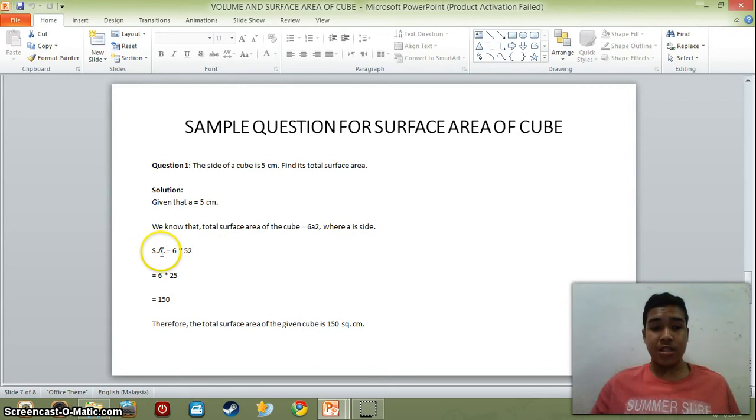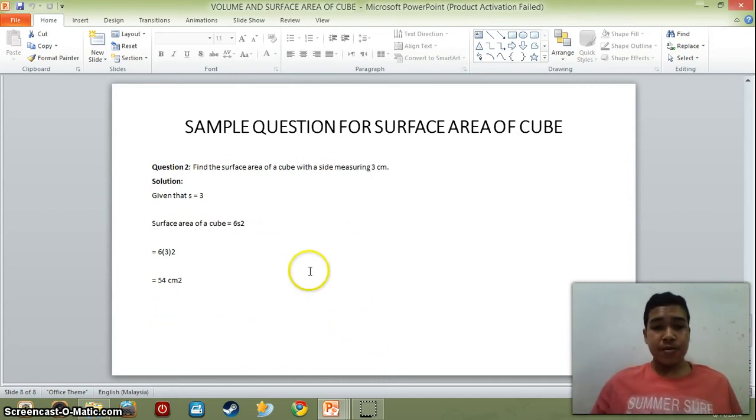So the surface area is 6 times 5 squared. 5 squared is the area of one face of the cube. So the final answer is 150. Therefore, the total surface area of the given cube is 150 square centimeters.